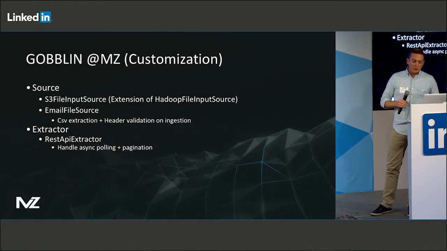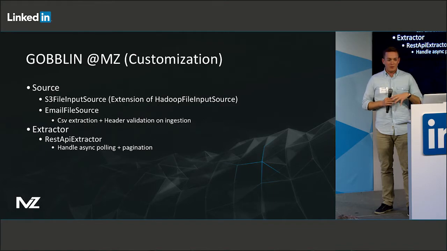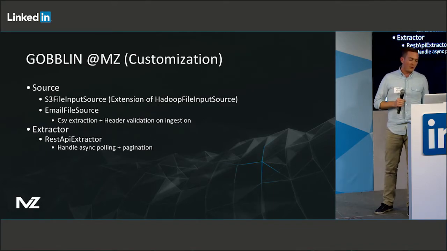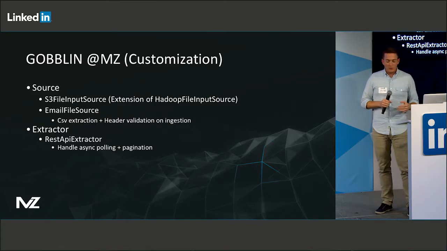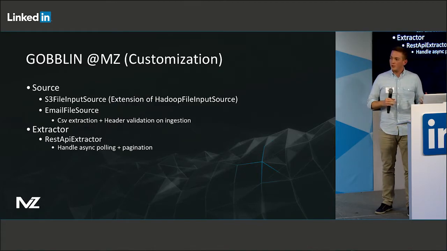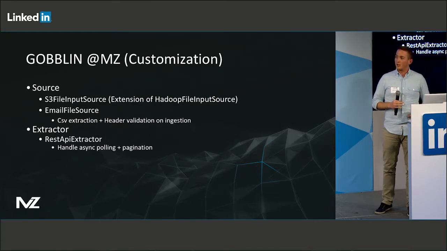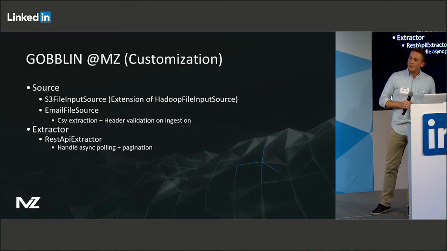So some of the customizations we made, since we started before there was a lot of the support. Some of these things exist now in the core libraries that didn't exist when we were there. S3 file support, email file support. We were doing CSV extraction, so we needed header validation on the email files because people were sending us files with columns in different orders, so we had to implement that.